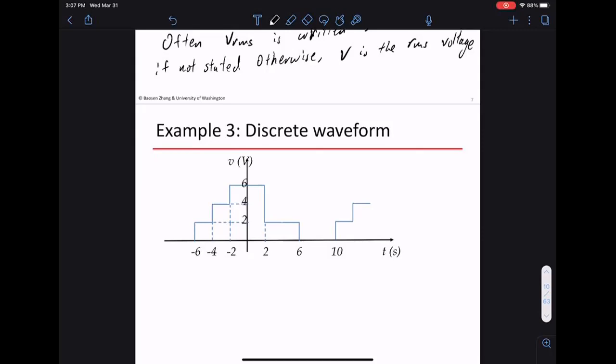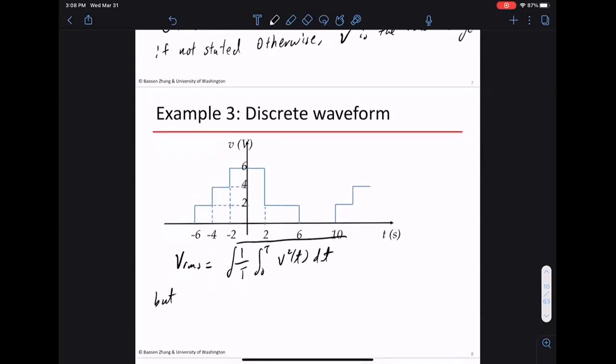So VRMS is always the square root of 1 over T times the integral from 0 to T of V squared(t) dt. It applies to this discrete waveform. For any periodic signal, you can do this integral; it's well defined.